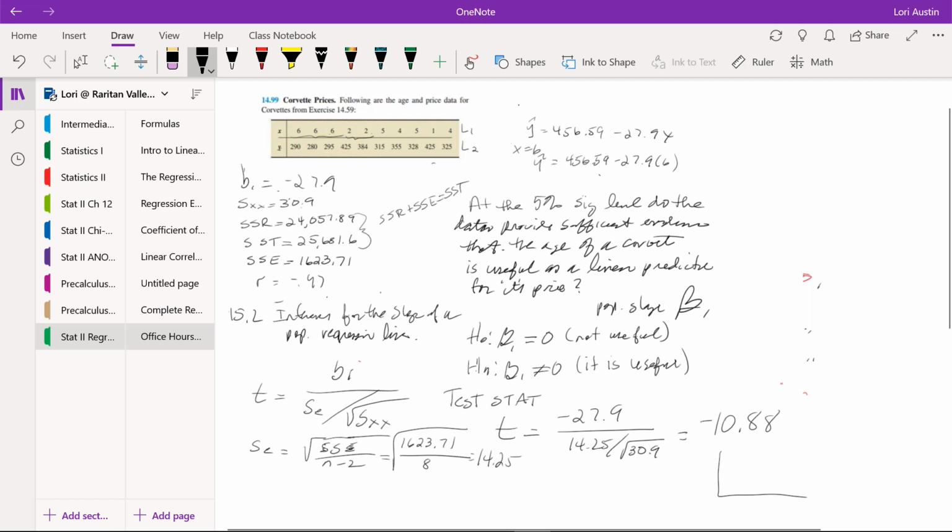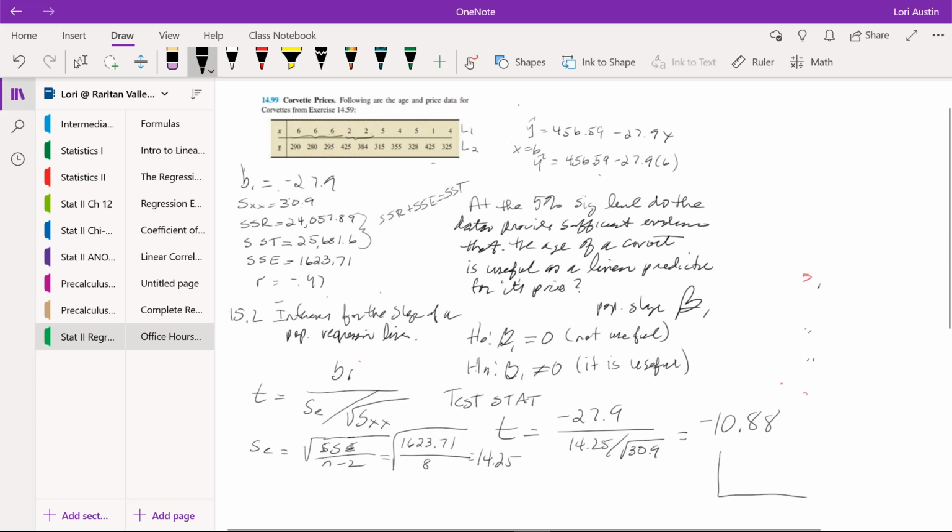we need to look up the degrees of freedom. I'm pretty certain degrees of freedom should be n minus 2. So your degrees of freedom should be 8.